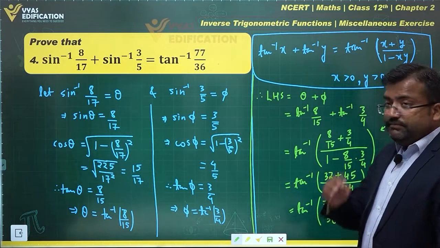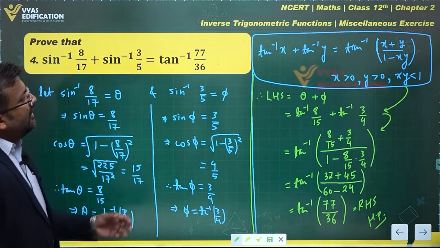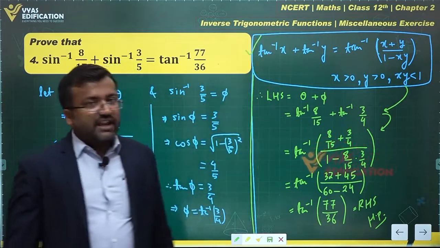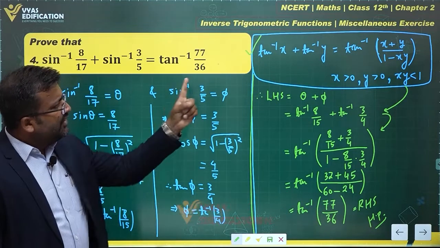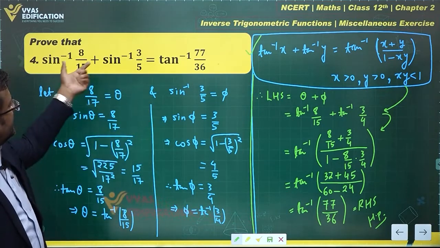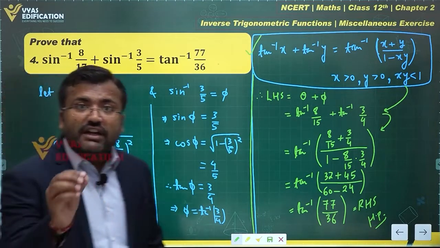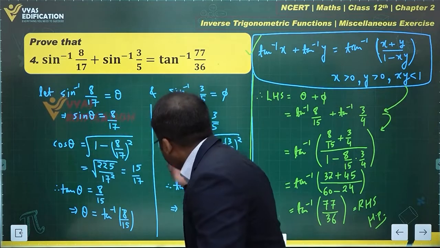Simple, yes. The important thing was to realize that we don't know the sum of these, but we know a result in terms of tan inverse, addition of two tan inverses, that is tan inverse x plus tan inverse y. We know that result and we want to apply it. So let's convert this in terms of tan inverse, and if you can guess that properly, you can approach the question in a very simple manner.